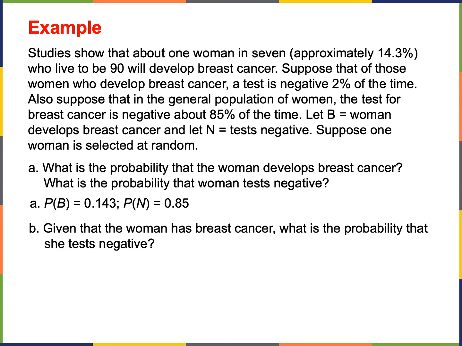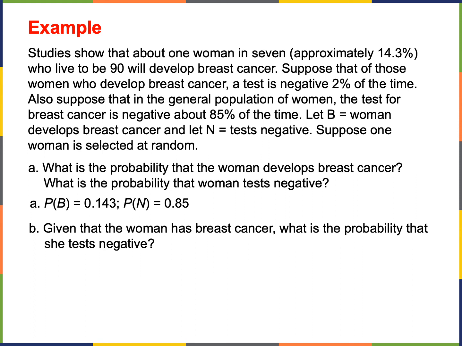Okay, fine. Now it says here, given that the woman has breast cancer, what is the probability that she tests negative? So see if you can figure out how you would write that symbolically, and then what's the numerical value. Given that the woman has breast cancer, so right away, that's after the given, what's the probability that she tests negative?